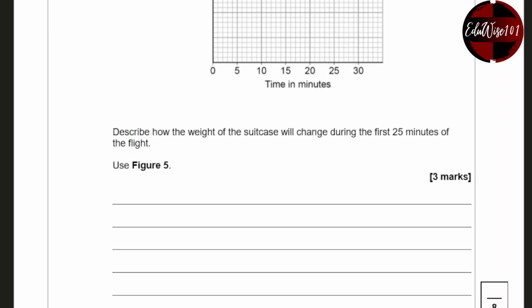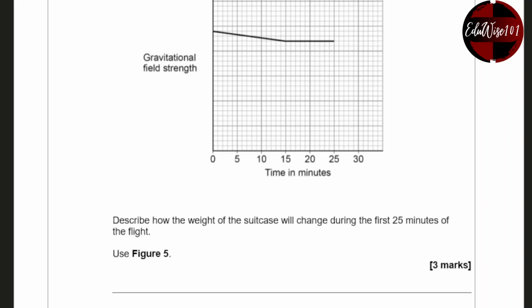Describe how the weight of the suitcase will change during the first 25 minutes of the flight. Use figure 5. Because they haven't given any numbers on the y-axis, we can't actually refer to any numbers, but we still can if we want, because this should be 9.8, right? Which means that's 10.